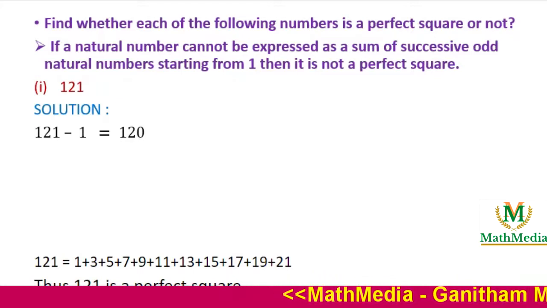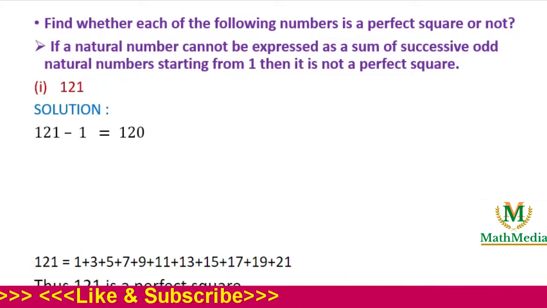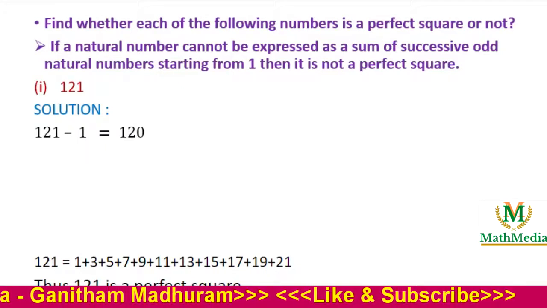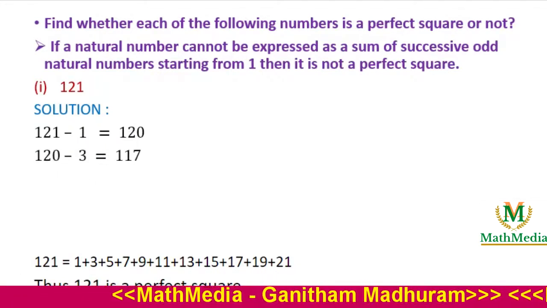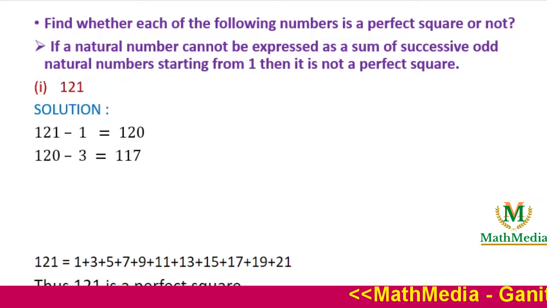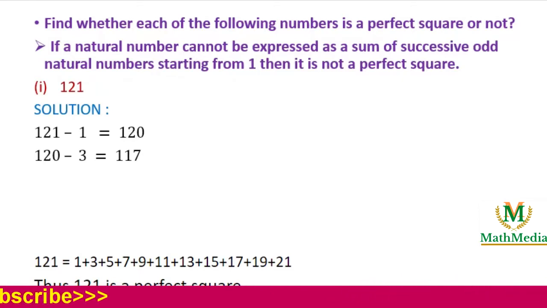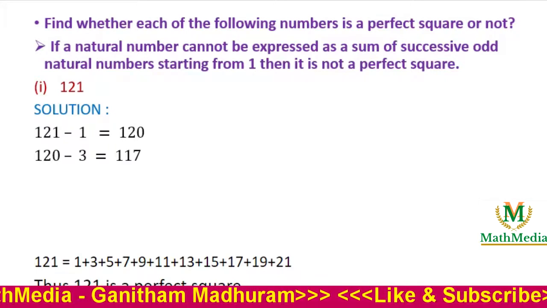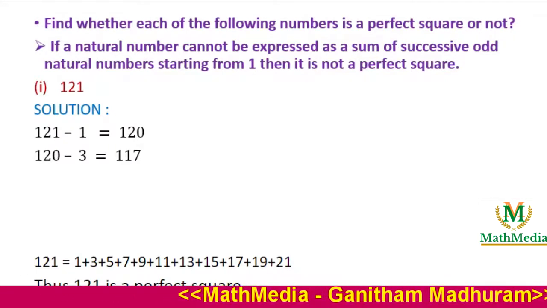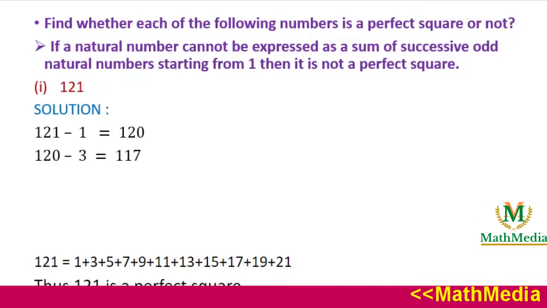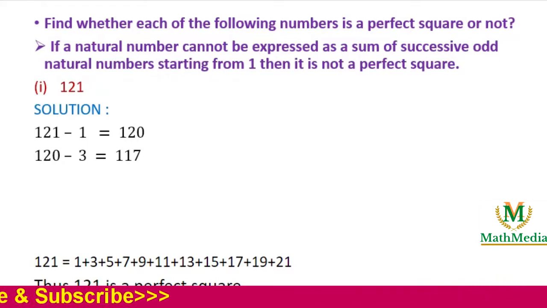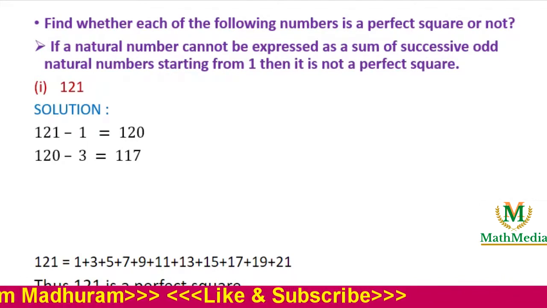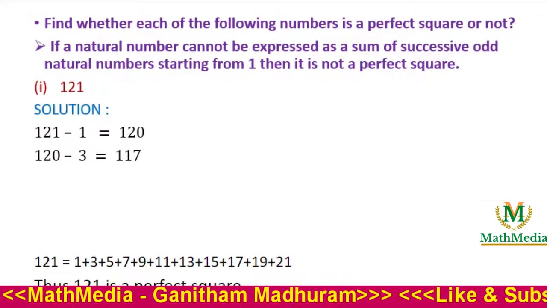So we get 120. Next odd number is 3, that you subtract from 120. So 120 minus 3 is 117. This process you will continue till you get the answer 0. If you get 0, then the given number is a perfect square. If not getting 0, then it is not a perfect square.